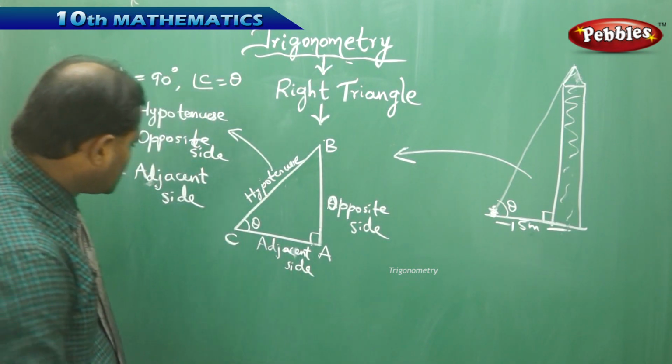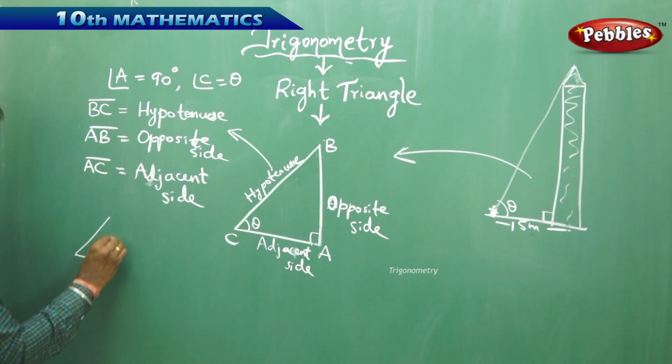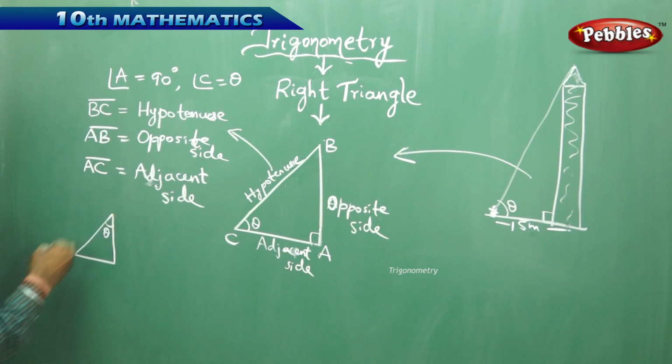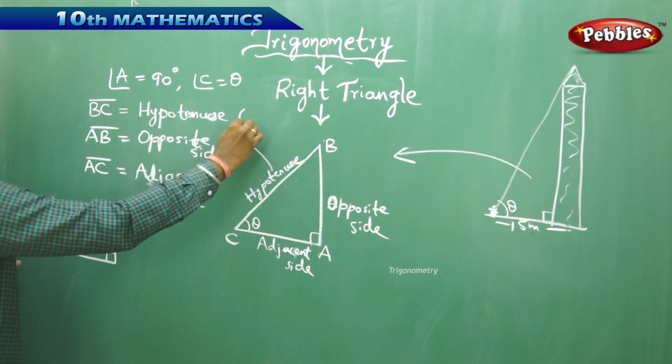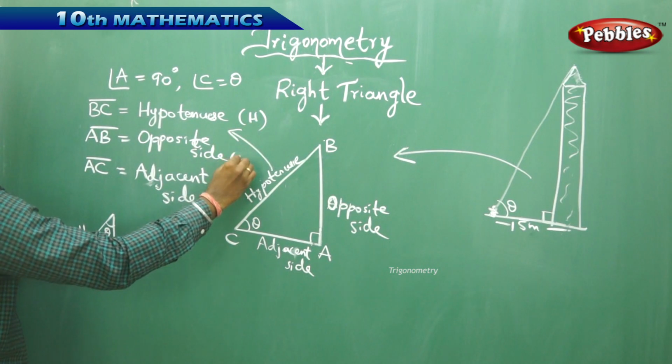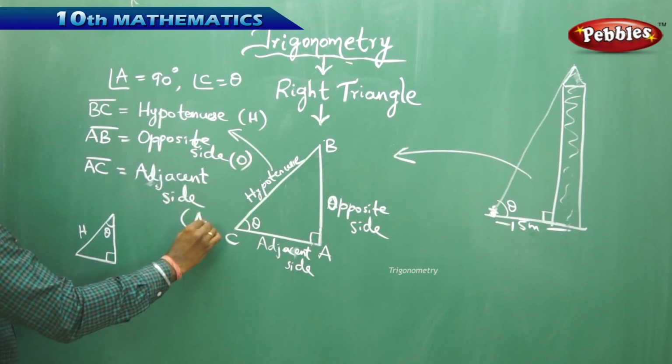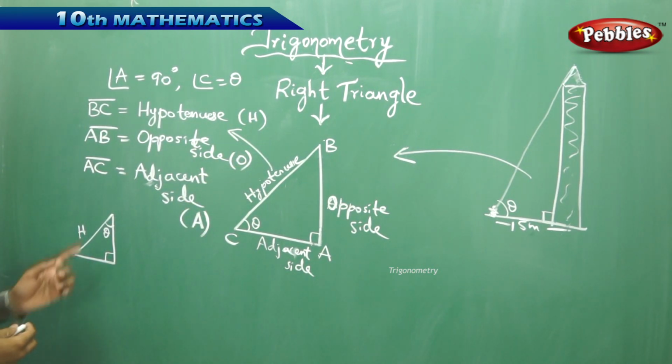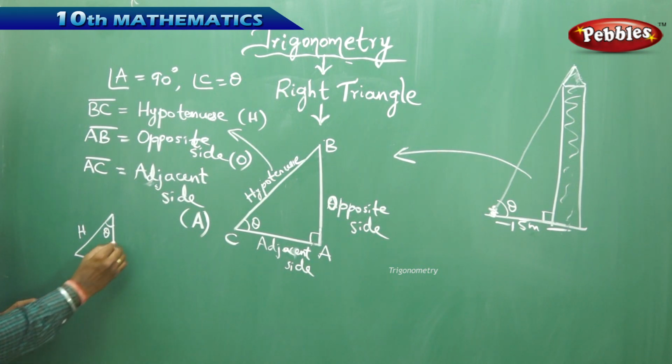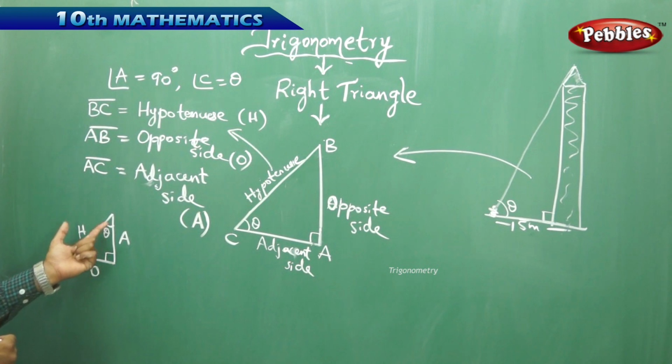Therefore, suppose I have a triangle with an angle here, this being 90. The hypotenuse is usually denoted with H, the opposite side with O, and the adjacent side with A. The opposite side comes here because the angle theta is here.